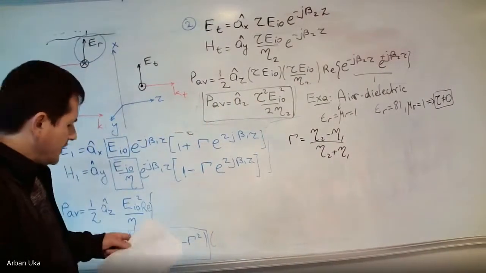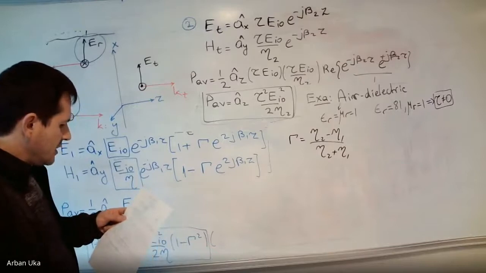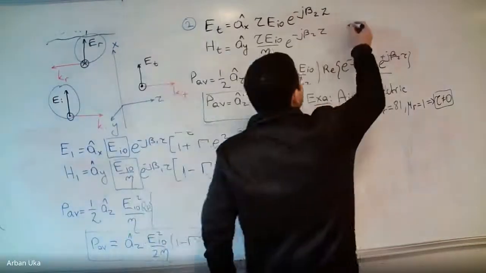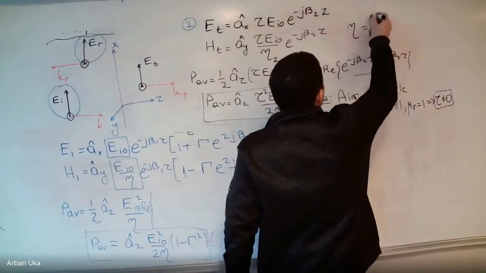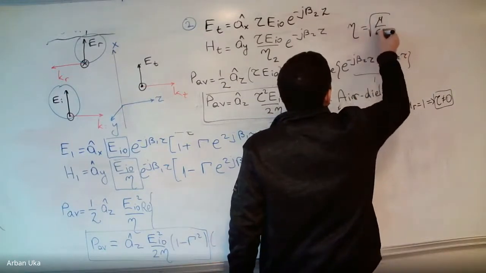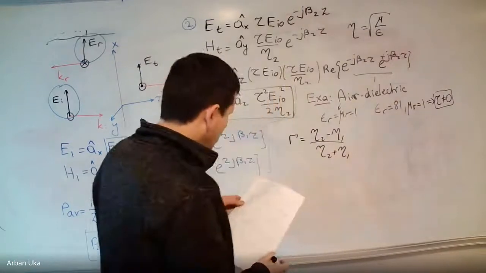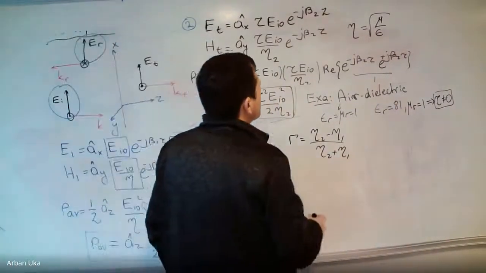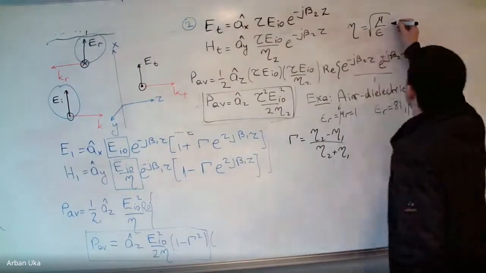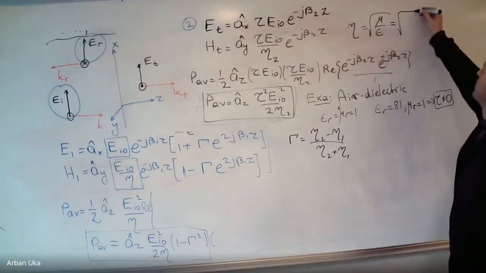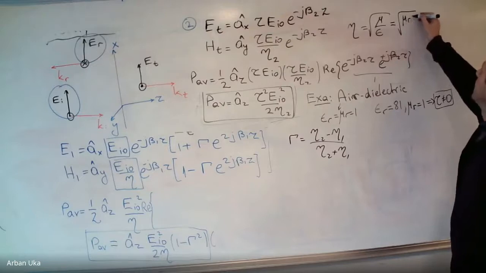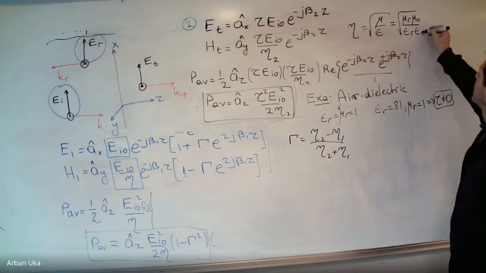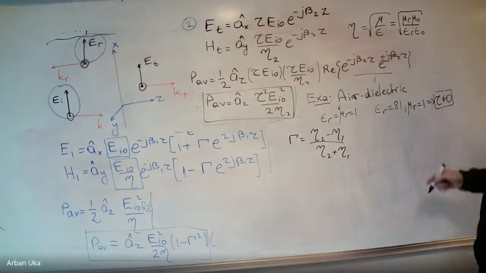And this eta, the intrinsic impedance, is equal to the square root of mu, the permeability, over the permittivity epsilon. We can also write this one like this: the square root of mu r times mu 0 over epsilon r times epsilon 0. Would you agree with this?